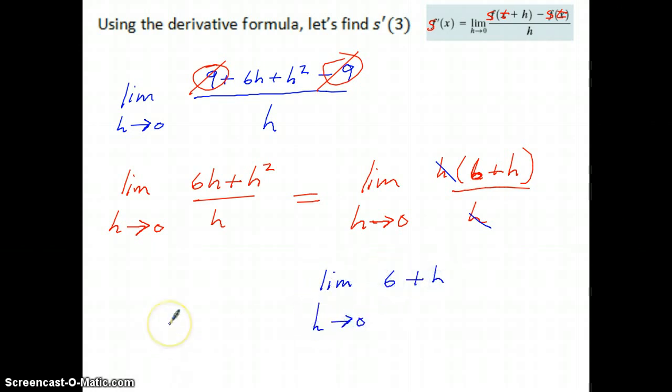There's nothing we can do from here, so we plug in h equals 0, and we have 6 plus 0, which gives us 6. And so that means that s prime of 3 is equal to 6. In other words, the rate of change right at 3 is equal to 6.